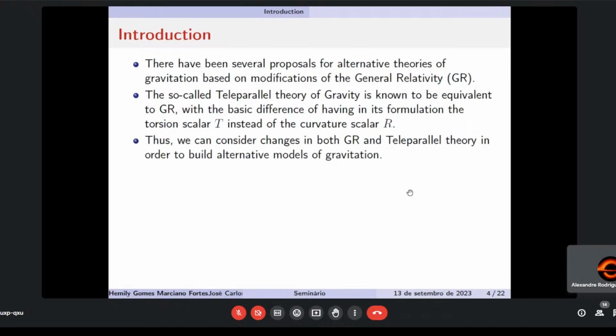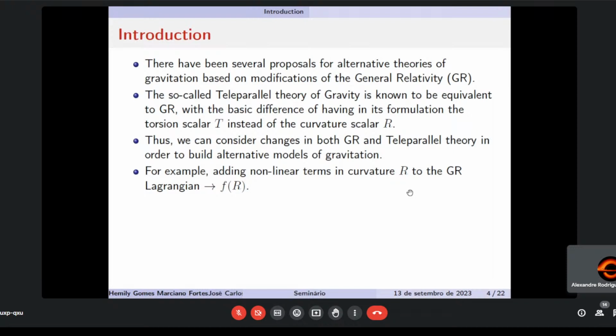We have another dynamical variable. So we have the basic theory, and we can make modifications on this theory to have this alternative gravity. We can do this change in both GR or teleparallel theory, and build these models of gravitation.